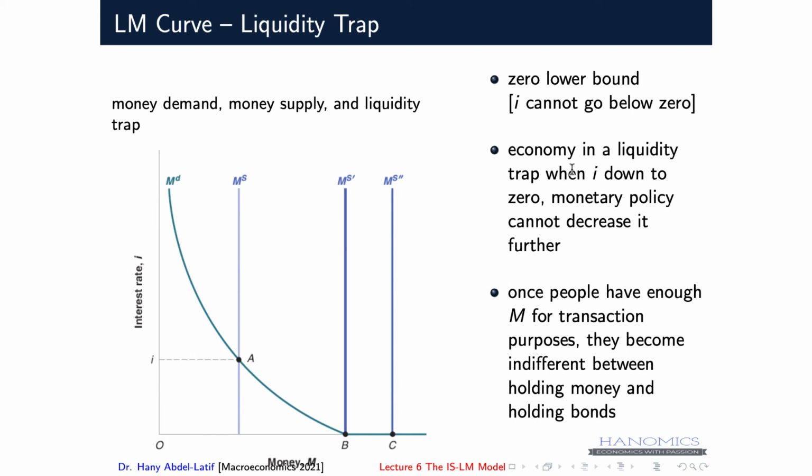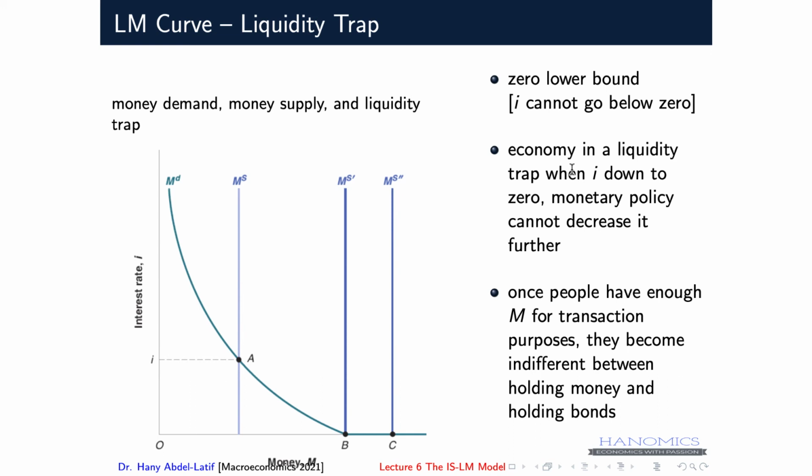So at a zero level of the interest rate, they are willing to hold more money, because they become indifferent between money and bonds, and because of that the demand for money becomes horizontal beyond point B.